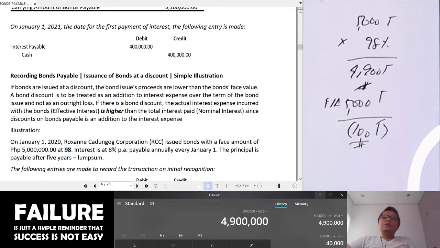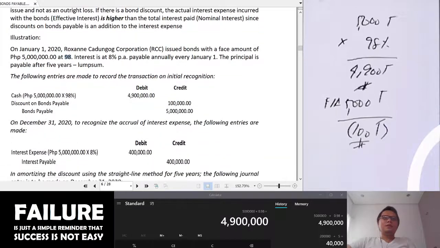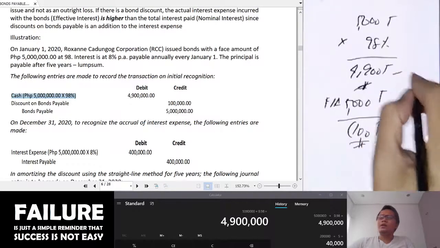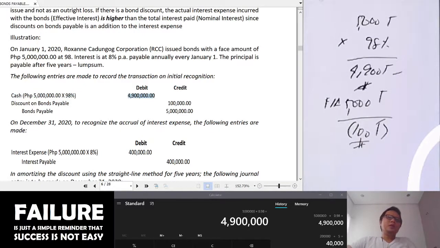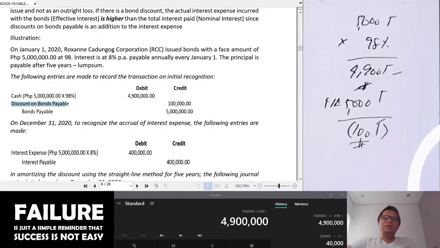To recognize that in the entry, debit cash, the proceeds, at 4,900,000. Then debit the discount, sorry, this is just a typo; it should be in the debit side. Debit discount on bonds payable of 100,000.